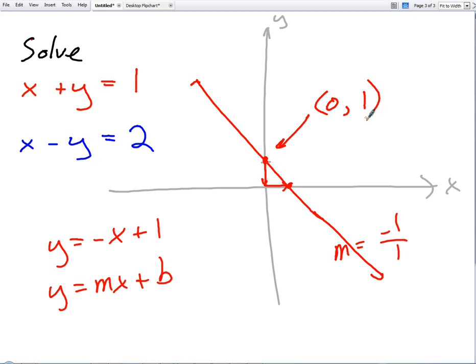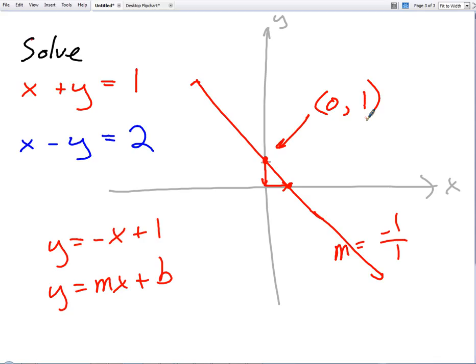Now what happens if I plug those values into my original equation? I get 0 plus 1 equals 1. Is that true? Yes, it is. So that is a solution. It's a solution because it's a value of x and y that satisfies the red equation, makes it true.